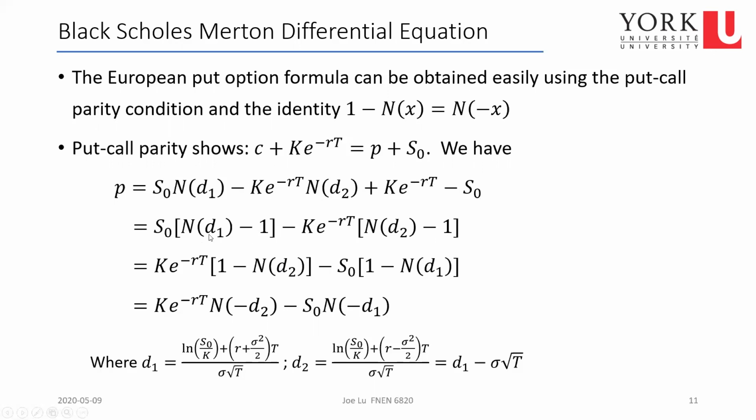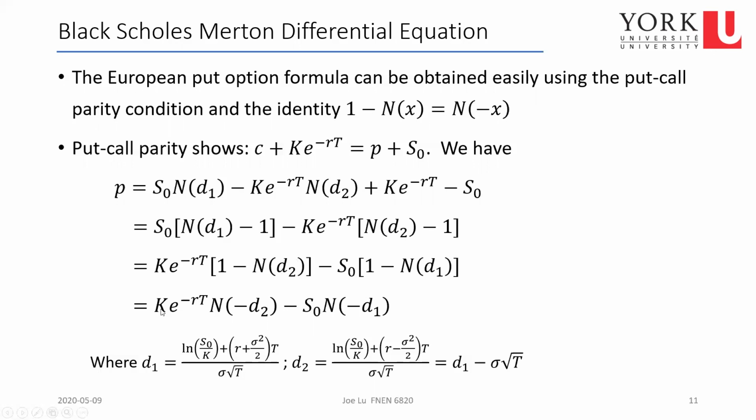Now rearrange a little bit. Put the negative sign inside, so this becomes positive and this becomes 1 minus N(d1). Do the same thing here, then you have 1 minus N(d2). You can then use this particular identity: 1 minus N(x) is equal to N(minus x).